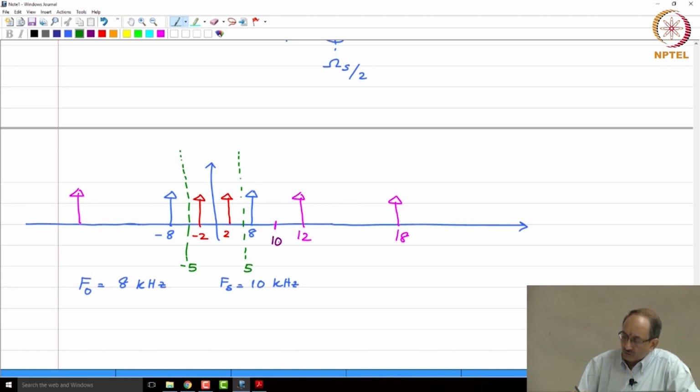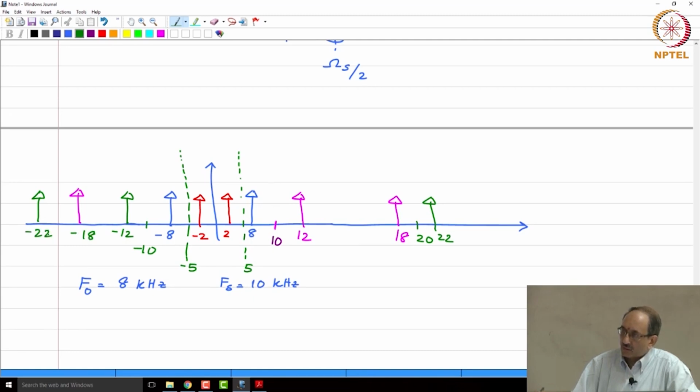And similarly, what is happening around 10 will happen around 20, and hence you will have 18 and 22. So, these are the further copies that are present, and hence you will have something like this. You will have minus 8 and minus 12, which is centered around minus 10, and similarly you will have minus 18 and minus 22.